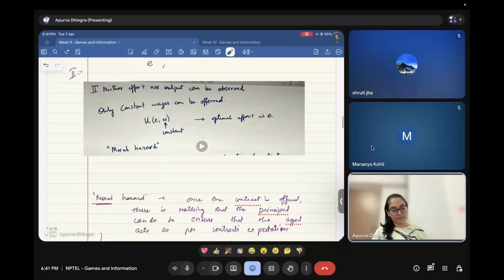So, this kind of scenario where the player, even though he enters a contract, meaning he has agreed to work for this particular manager, but because of the way the contract is, nothing in the contract is ensuring that he actually delivers what he promised to deliver. And hence, he can just put in no efforts and get away with it. And this is called a moral hazard.